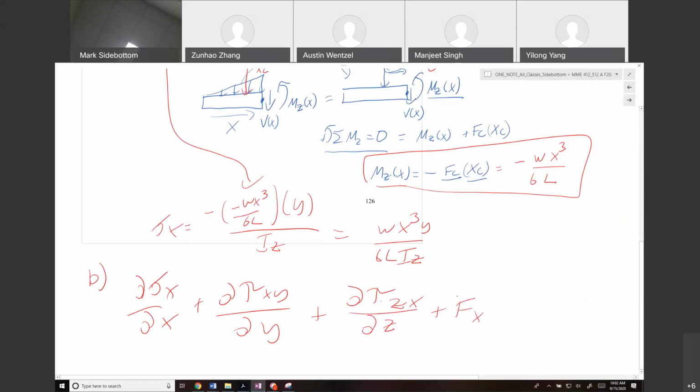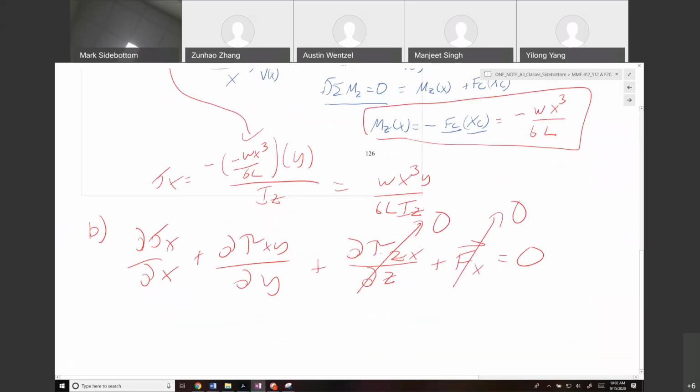There was nothing in the problem statement that talked about body forces, so we can assume that Fx is 0. We are also only given two-dimensional information. There are no stresses along the z-axis, so we can assume there is no shear stress along the z-axis. This simplifies our equilibrium equation a little bit, so we end up getting just d tau xy dy is equal to negative d sigma x dx.